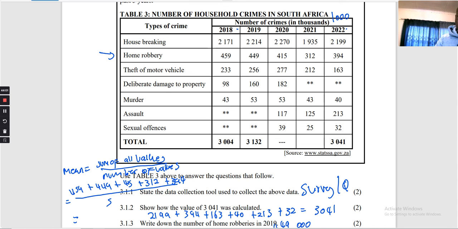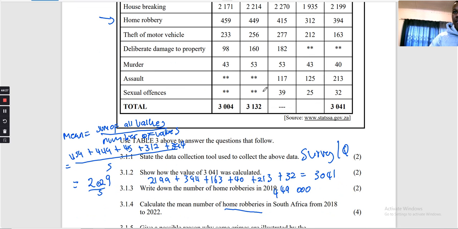Let's add 459 plus 449 plus 415 plus 312 plus 394, and that gives us 2029 divided by 5. If we divide that by 5, it gives us 405.8, like that, because we have to multiply the final answer by 1000. So that's going to be our final answer there.